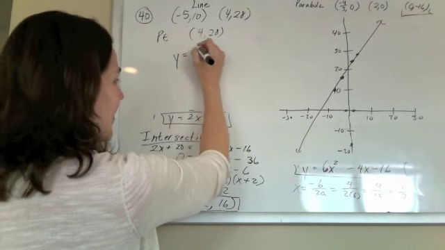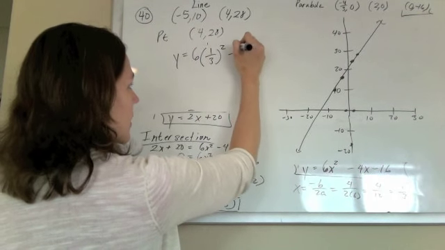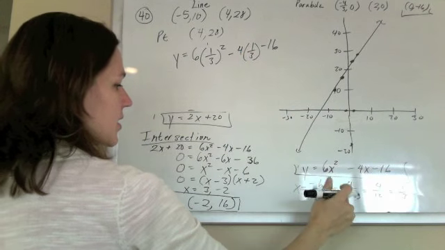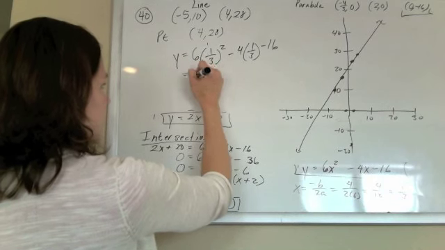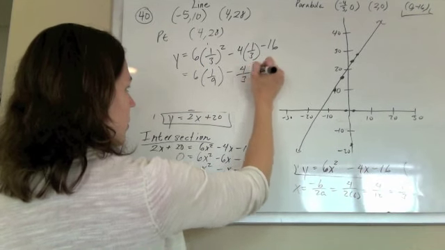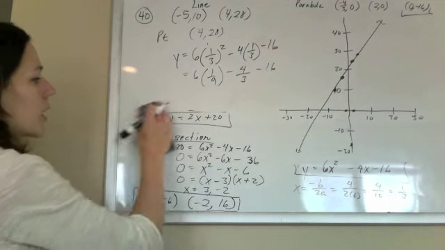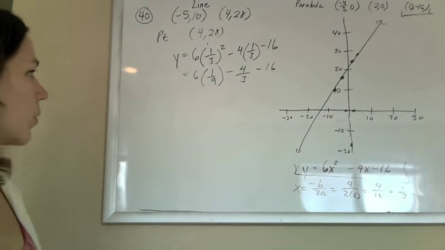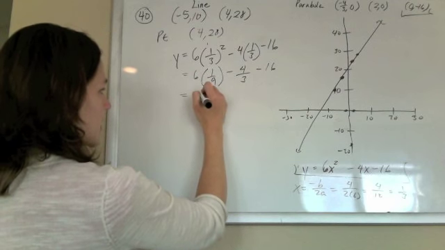Okay. So it'll be 6 times 1/3 squared minus 4 times 1/3 minus 16. Just plugging in a third to that. So I'm going to get 6 times 1/9 minus 4/3 minus 16. And then I'm going to grab a common denominator. So, actually, I'll simplify that. Divide by 3 top and bottom.